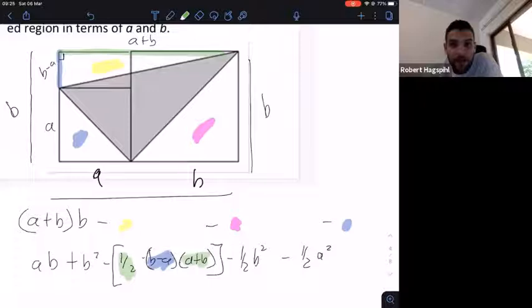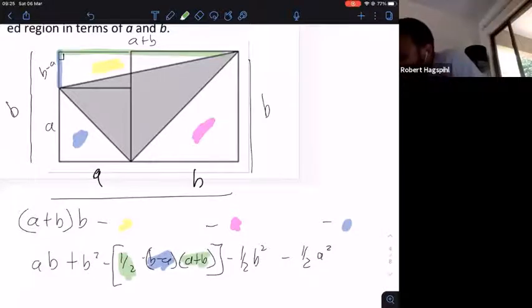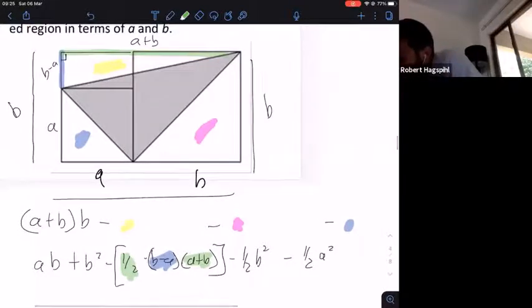Does that make sense, Petrus? Okay, cool. Then for the pink area, I've got a half B times B, and for the blue area, I've got a half A times A. And this is something that I now need to simplify.